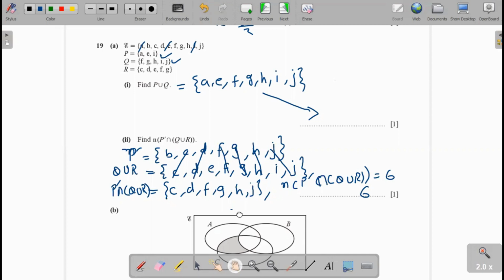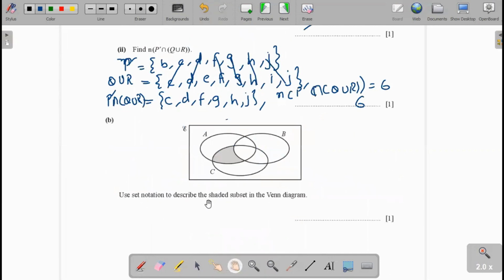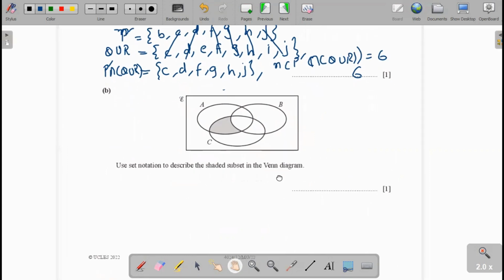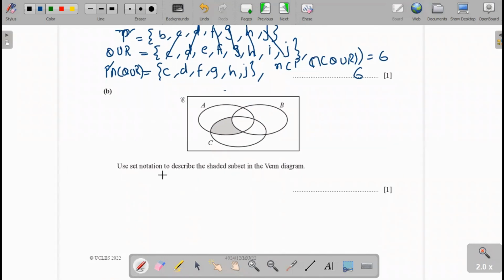Now part B. Use set notation to describe the shaded subset in the Venn diagram. This is the Venn diagram.